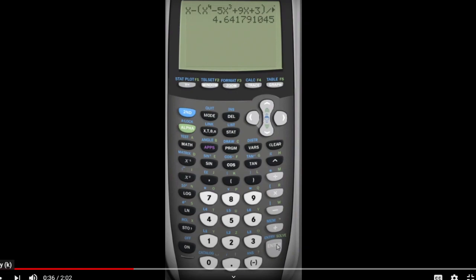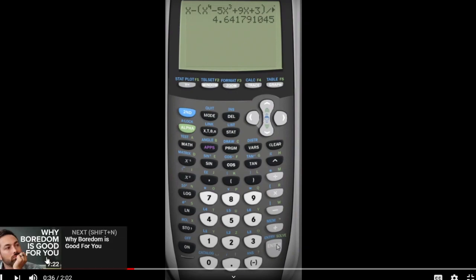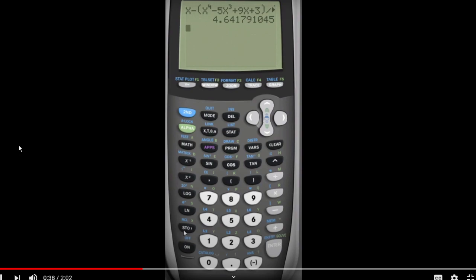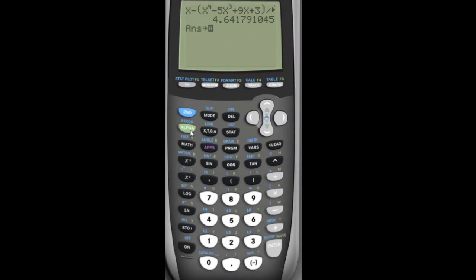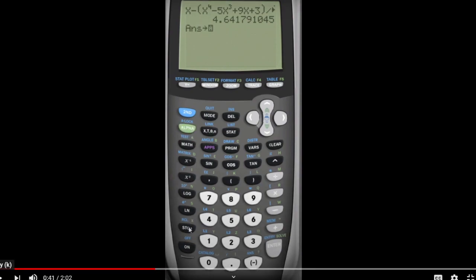That's the thing I'm going to do next. The answer is 4.464 something, right? You store the answer to x again. Now the value of x1 is stored in x again. So do you know what I mean?